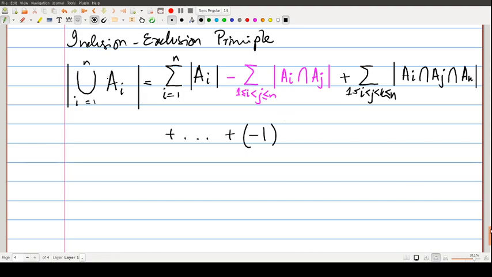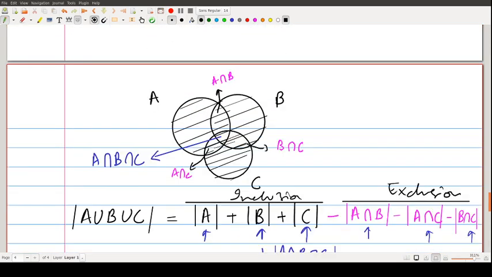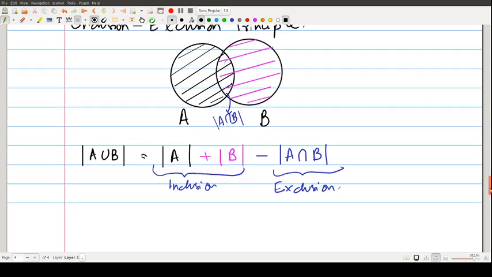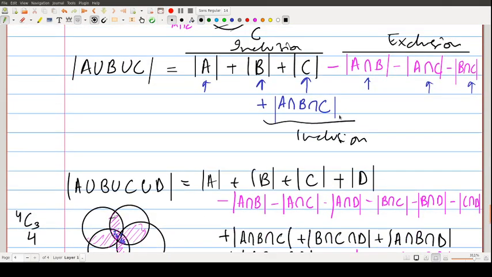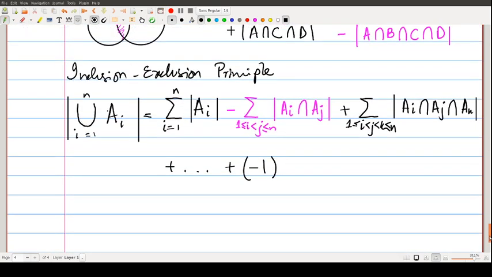So the last intersection of all of these elements is either going to be included or excluded depending on the number of elements. When I had 2 elements, the last intersection was excluded, so the sign was minus. When I had 3 elements, the last intersection of all of these sets was included. So for 3 it's plus, for 2 it's minus, and for 4 it was minus again, which means when it is even we excluded, when it is odd we included.